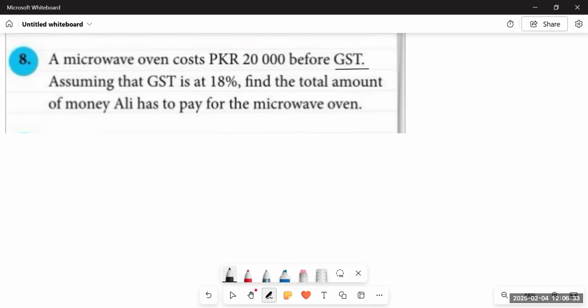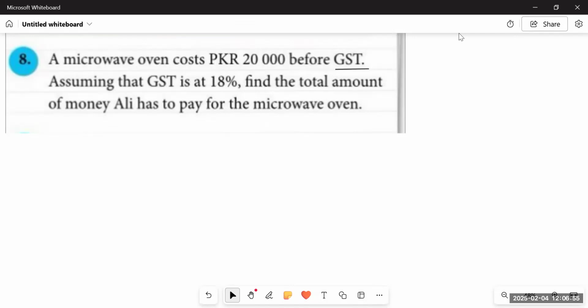And then there is a GST as well, that is a tax that has been applied to your meal, which gets added into your original meal price. So if there is a GST, earlier when we had a discount, we subtracted the discount from the original cost. But when it comes to GST, we have to add this GST to the original cost.